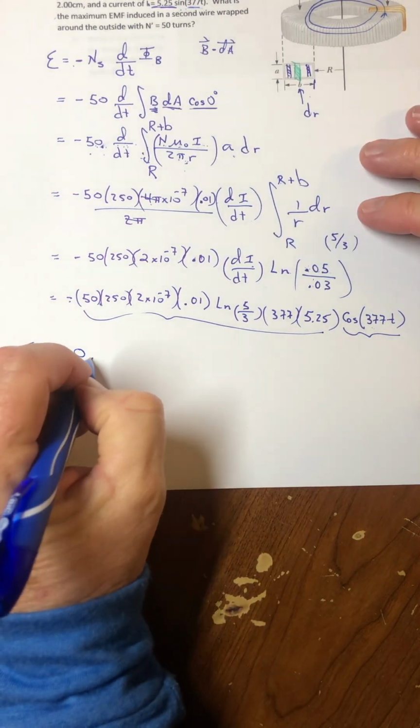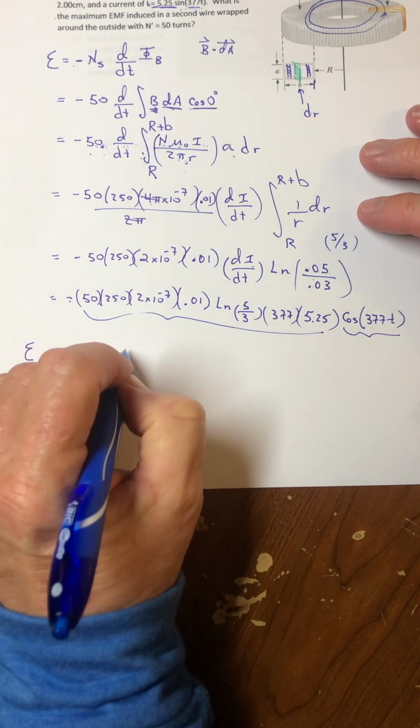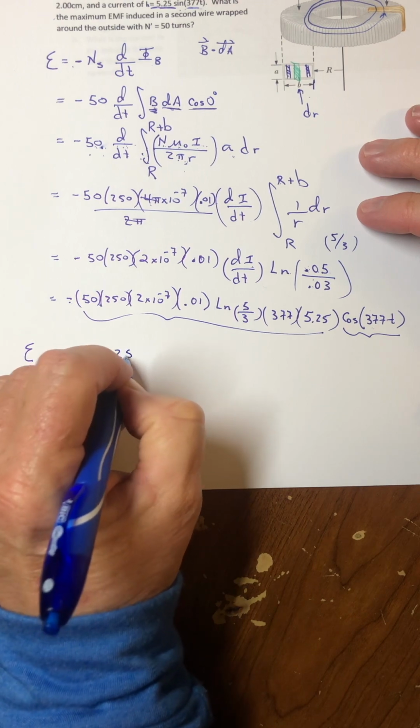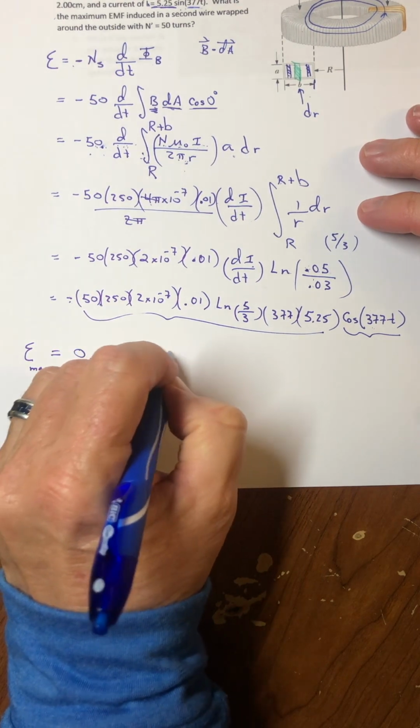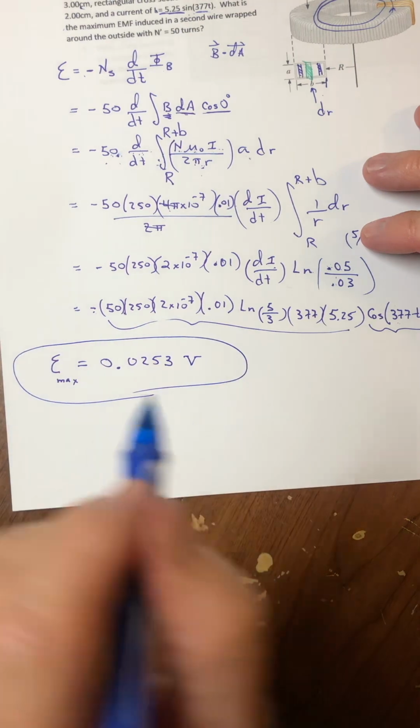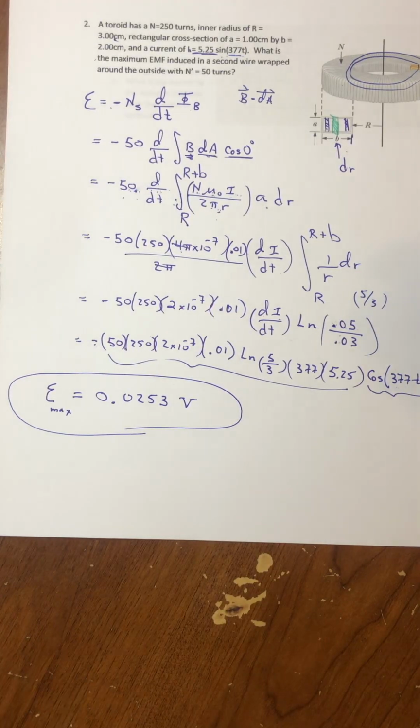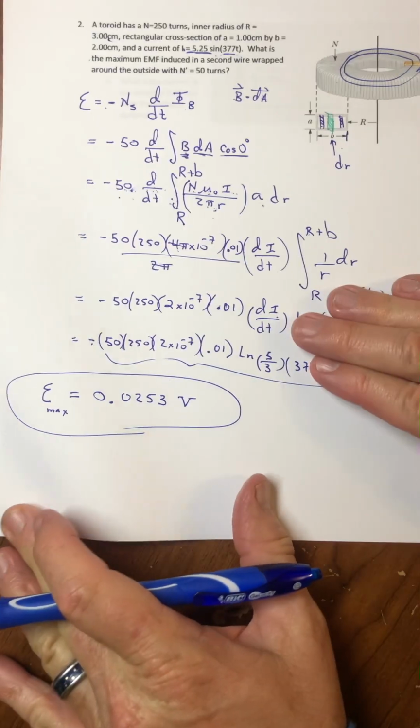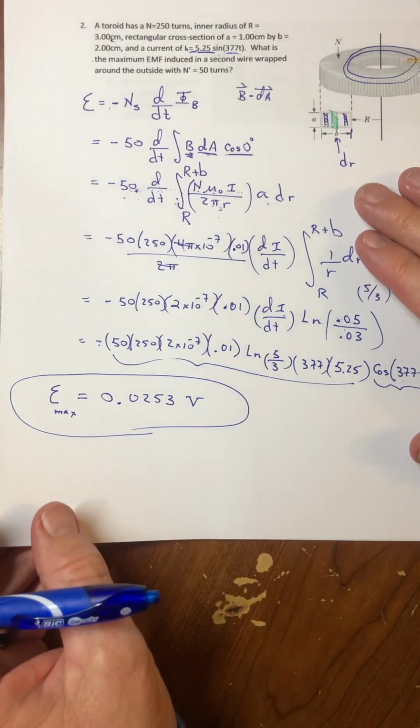I would get a maximum of 0.0253 volts. Yay! And so there's question 2, Faraday's Law, chapter 31.